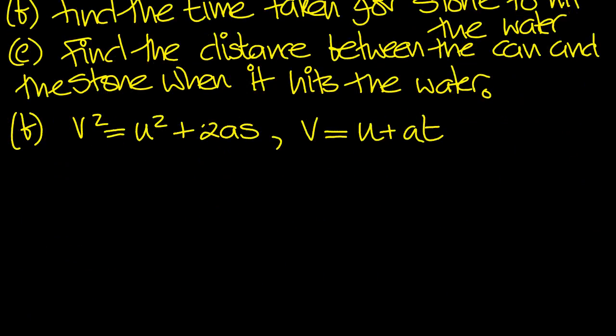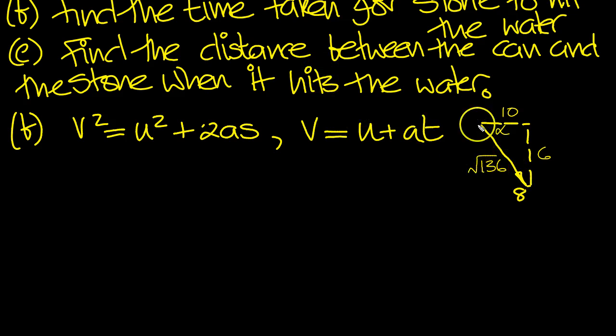Don't forget that the stone is thrown down at an initial speed of 8, and this is a triangle, the sides of which are 10 and 6, with this angle alpha. Using Pythagoras, the hypotenuse is the square root of 136.